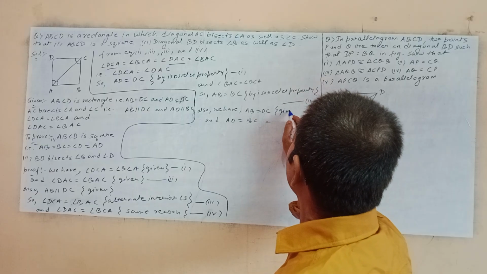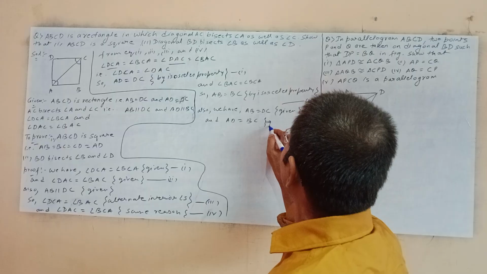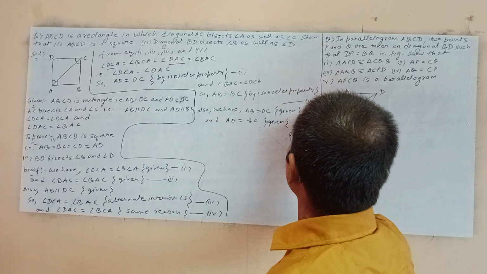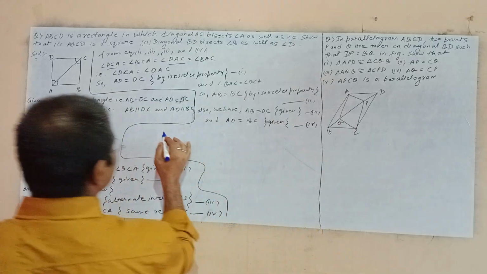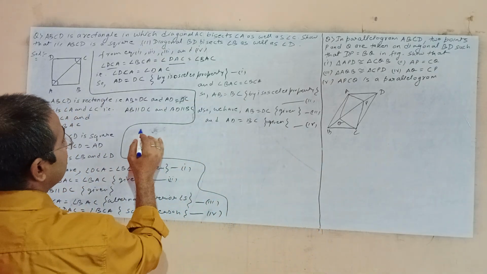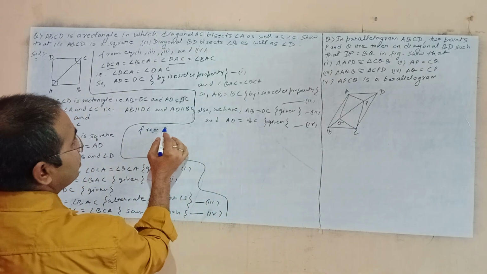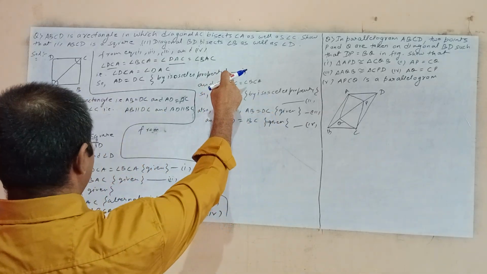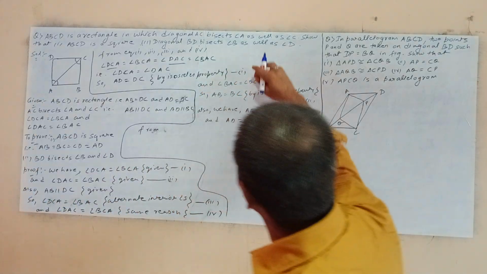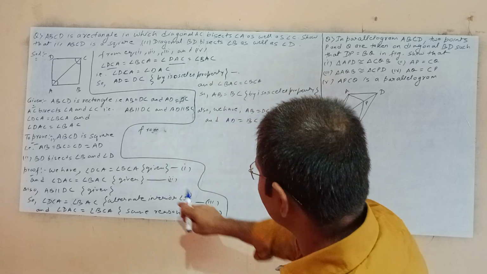You will write down given. Now take it as the third equation and the fourth equation. Now from these, what do you get? Already we have taken first, second, third, fourth.